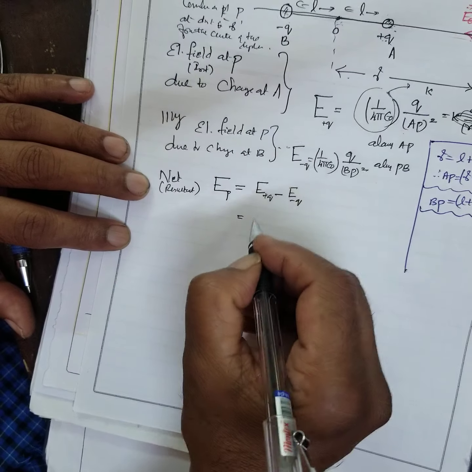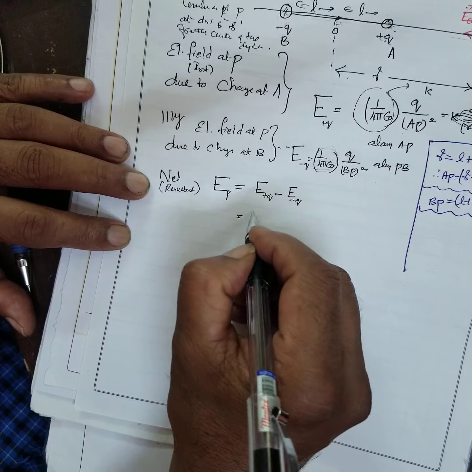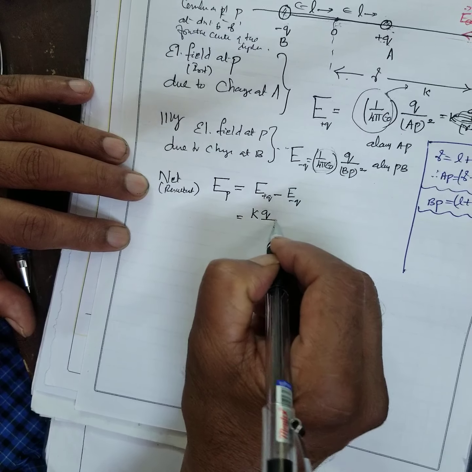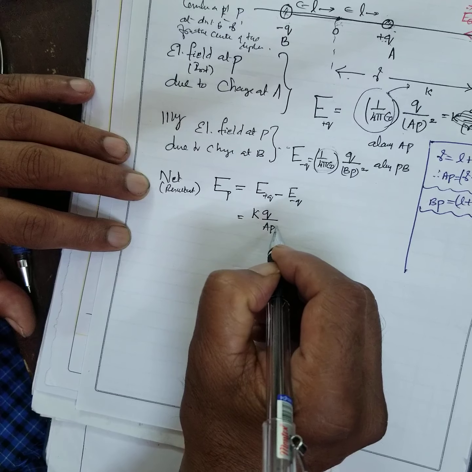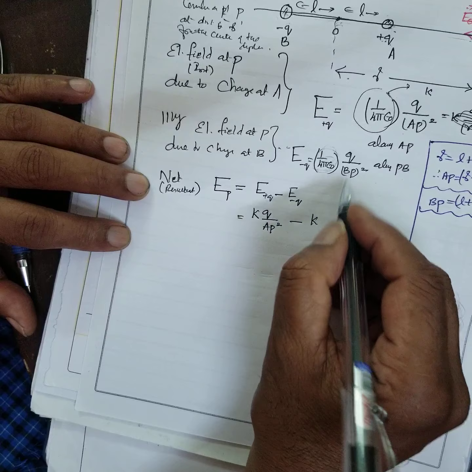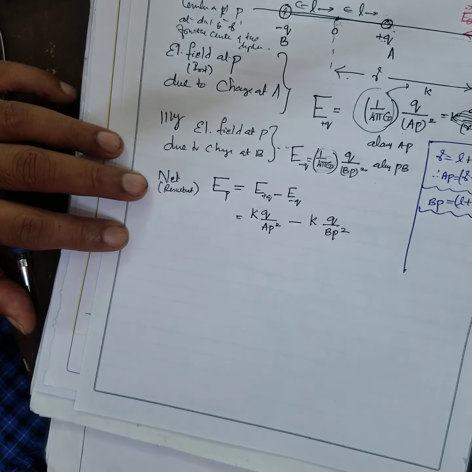Therefore, I'll write this also, K. Therefore, K Q by AP square minus K Q by BP square.